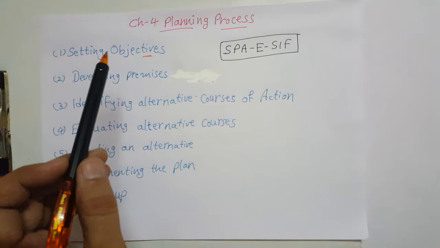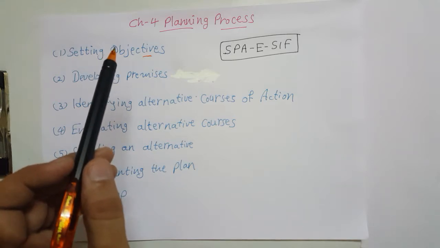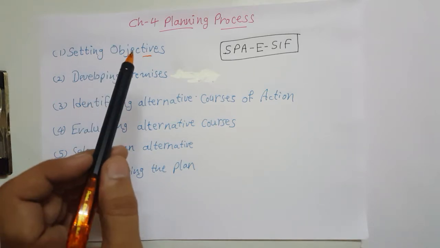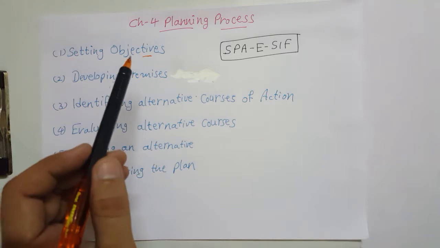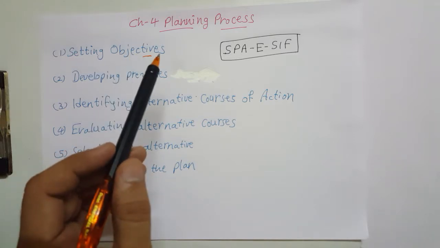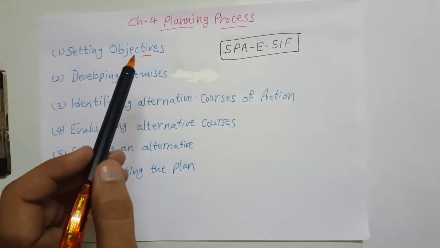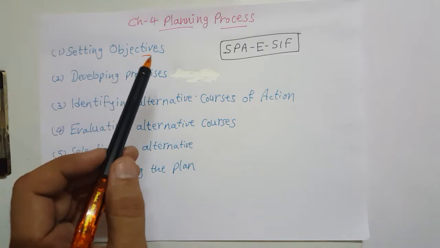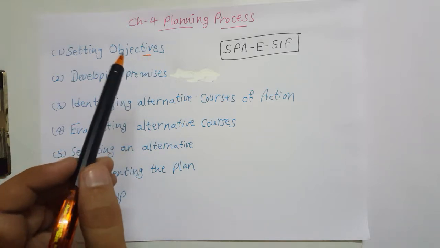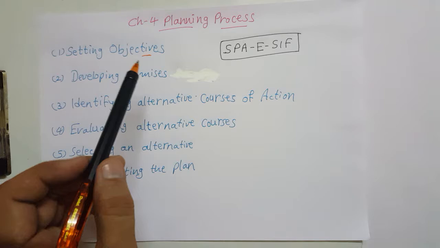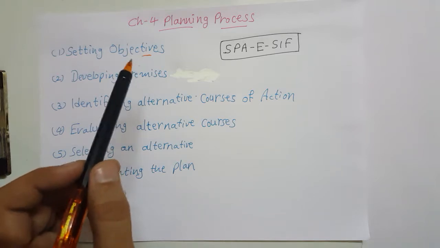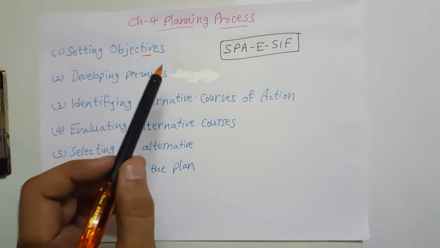The first one is setting objective. The first and foremost step of planning is setting objective, and this objective we are setting for the entire organization and even for each and every department. These objectives and goals specify what the organization wants to achieve.